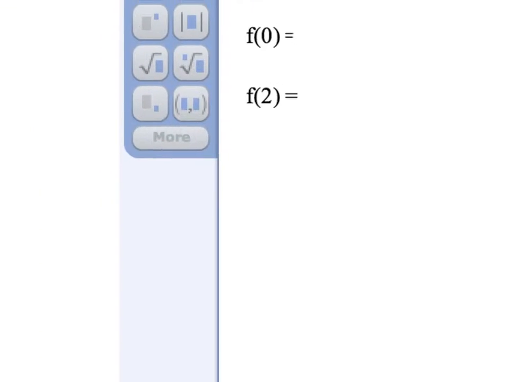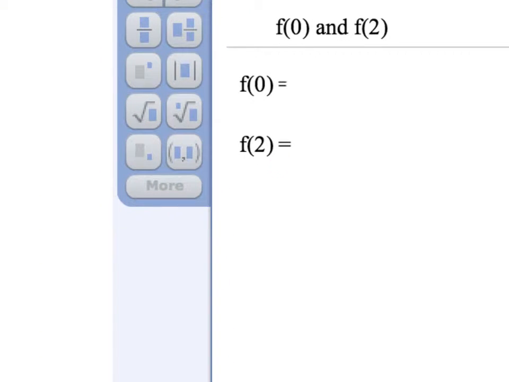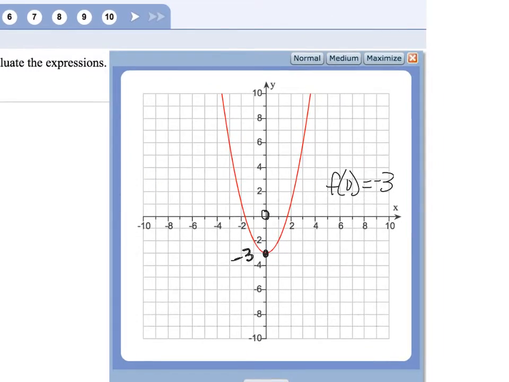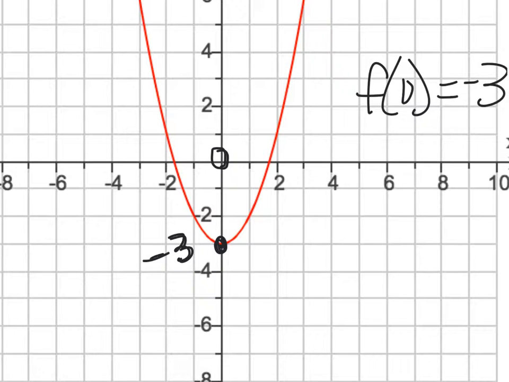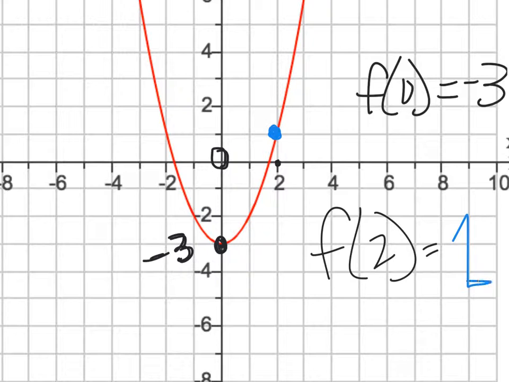And what was the other one? F of 2. So now we're going to go back and go over here, and when x is 2 right here, we're going to find f of 2. When x is 2, what is the y value? Well, the y value appears to be right here, which is 1.